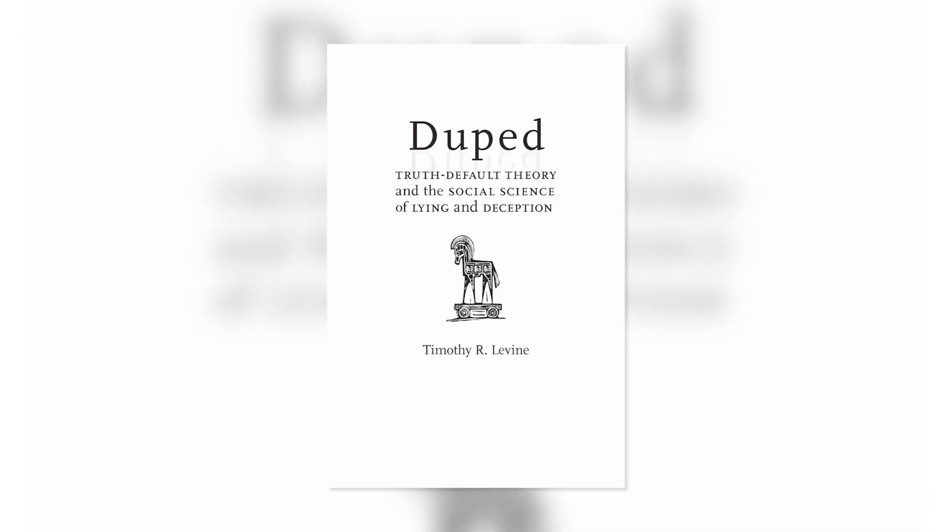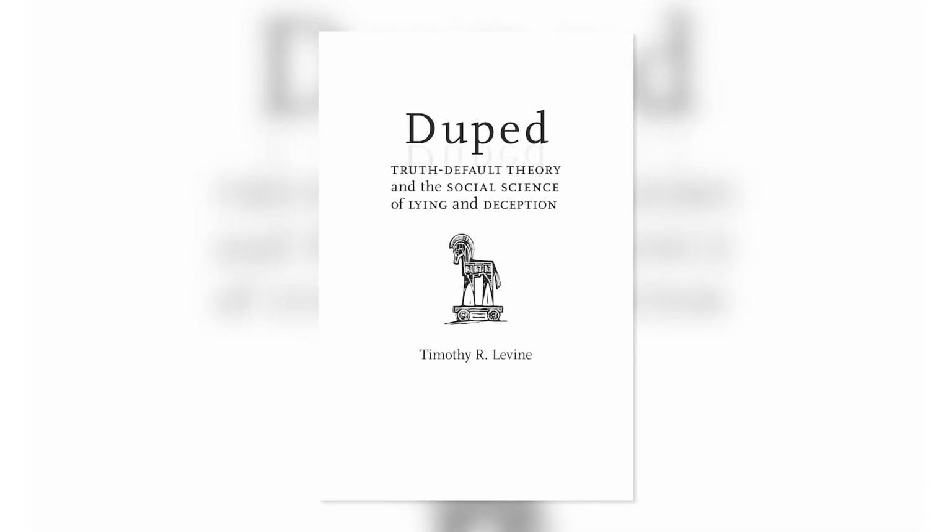He is known internationally as a leader in deception research. His book, Duped, explains his truth default theory, the theory that when we communicate with people, honesty is the default. Naturally, he consults for law enforcement and intelligence and counterintelligence workers. He joins me now from the University of Alabama to help us identify honesty and deception.